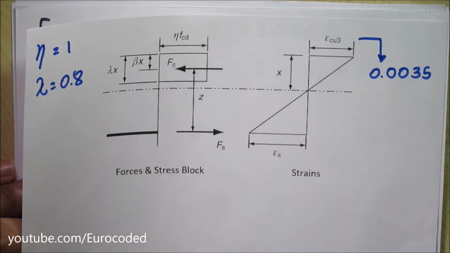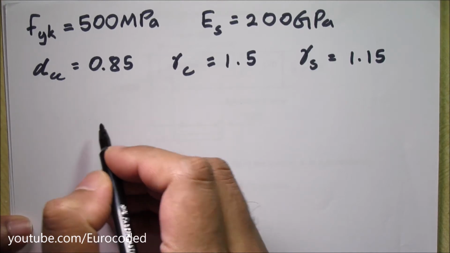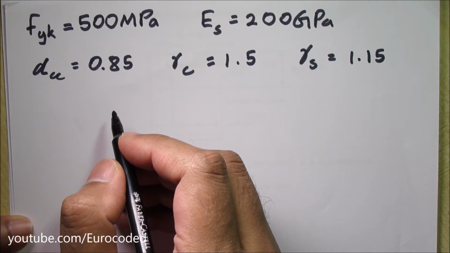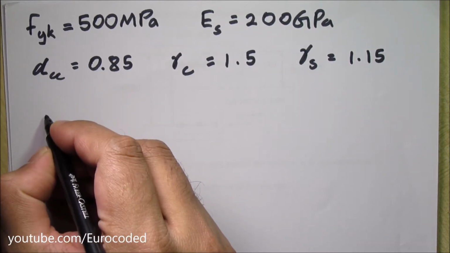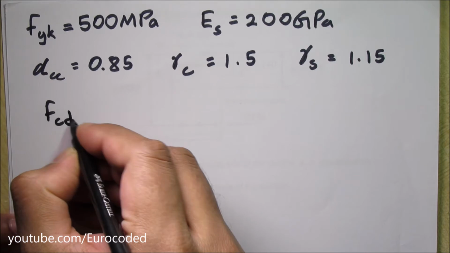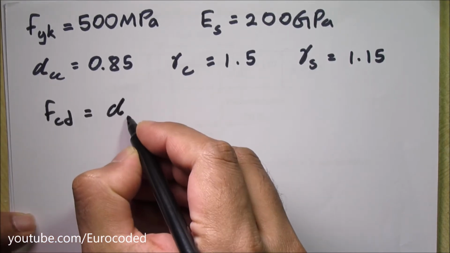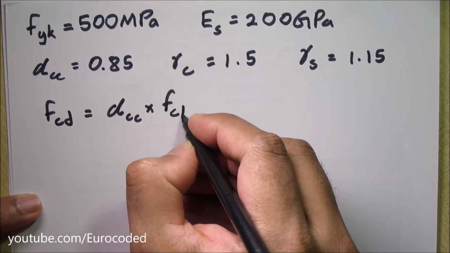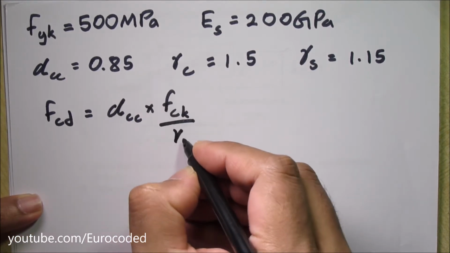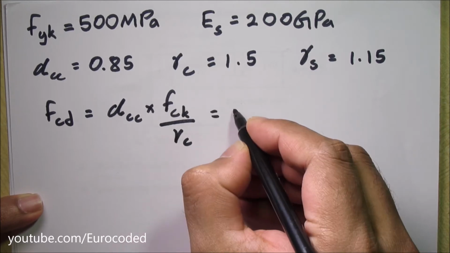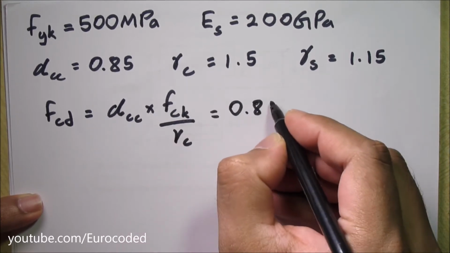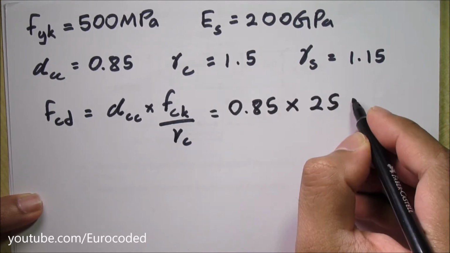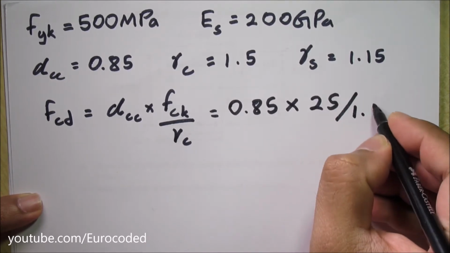Epsilon cu3 is equal to 0.0035. Let's begin the calculations with calculating the design strength values of concrete and reinforcement, starting with FCD. FCD is equal to alpha cc times FCK over gamma c. Alpha cc is 0.85, FCK is given as 25, and gamma c is 1.5.